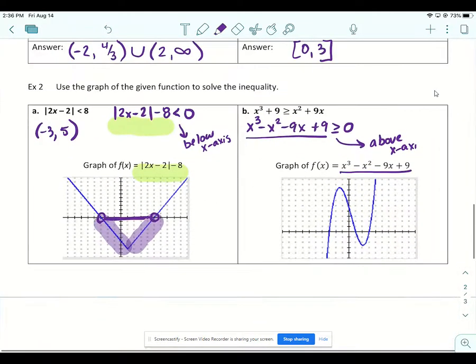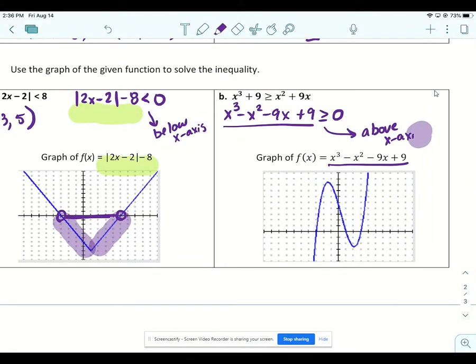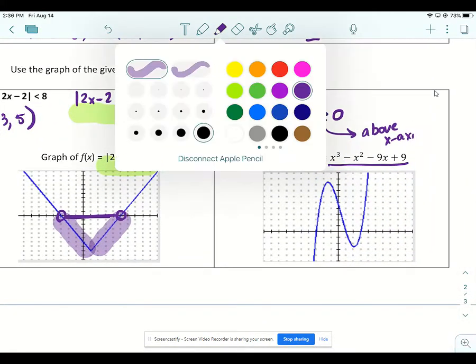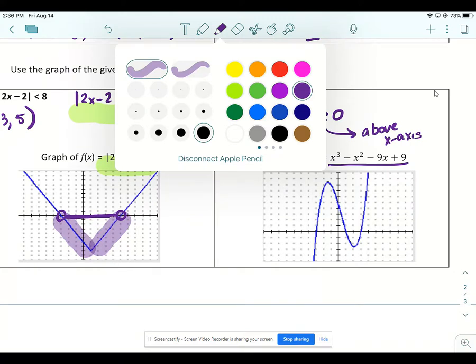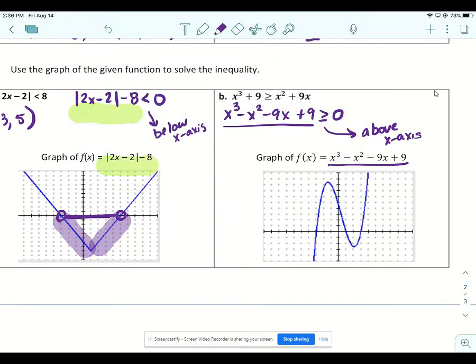Zoom in a little bit. Okay. So above the x-axis is going to be this part. And it stops, starts going below, and then picks back up.